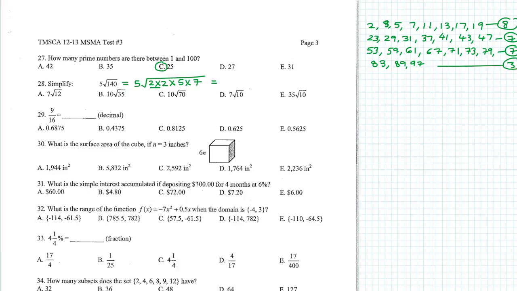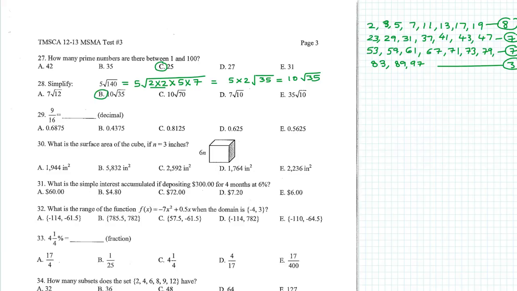So 2 times 2 is 4, and the square root of 4 is 2. So we can take 2 outside. So this will be 5 times 2, and the square root of 5 times 7 is the square root of 35. This can be rewritten as 10 times the square root of 35. So B is the correct answer.